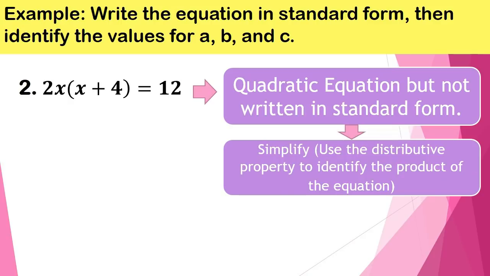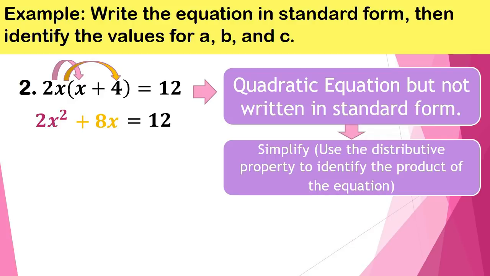By using distributive property, we need to expand the product of our equation here. So, let's simplify. 2x times x is equal to 2x squared. 2x times 4 is equal to 8x. And then, let's copy equals 12.